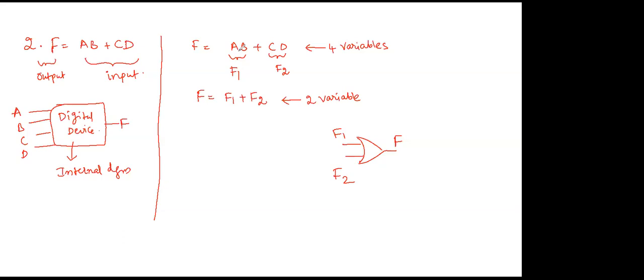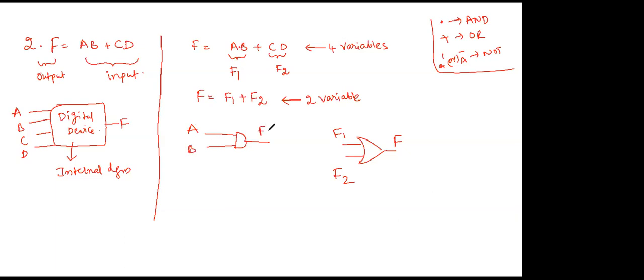What is F1? F1 is equal to A dot B. Dot is nothing but AND gate. I told you dot indicates AND, plus indicates OR, complement, tick or bar indicates NOT gate. Now F1 is equal to A dot B, so one input is A, one is B. This is F1.